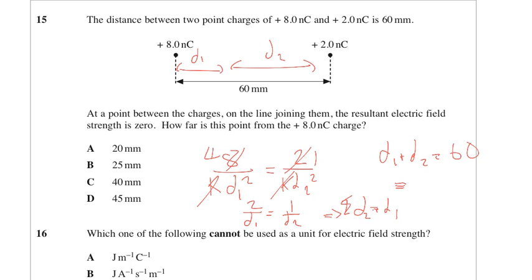Or we can take that 2 to the other side. So we get that 3 over 2 d1 is 60, so 60 times 2 divided by 3. So we get that d1 is 40 millimeters if we solve essentially these two equations simultaneously, which is answer number C.